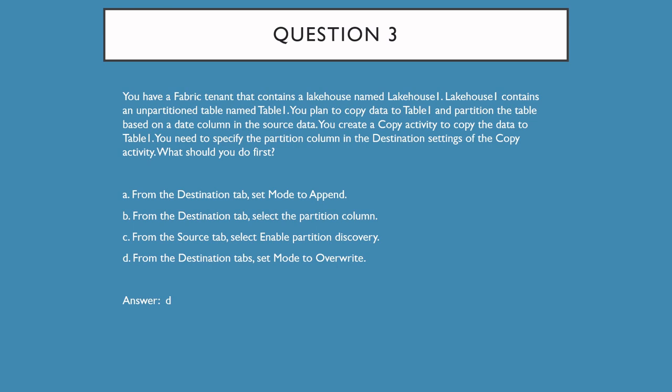What should you do first? A. From the destination tab, set mode to append. B. From the destination tab, select the partition column. C. From the source tab, select enable partition discovery. D. From the destination tab, set mode to overwrite. So the option here would be D: from the destination tab, set the mode to overwrite.